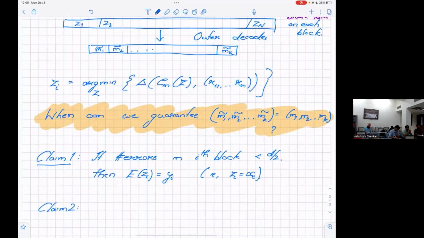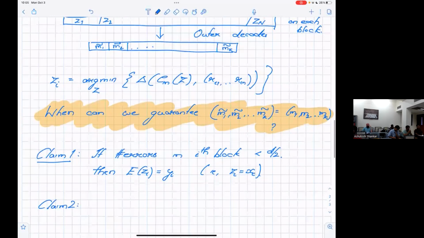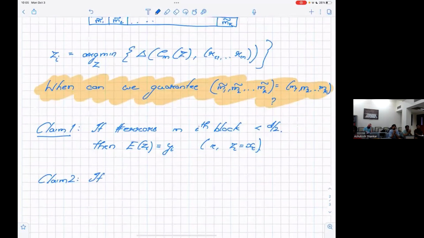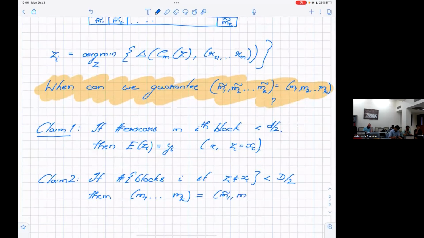Claim 1 states when the inner decoder works. Now I want to ask, when does the outer decoder work? If the number of blocks i such that Zi is not equal to Xi is less than D by 2, then you are within the unique decoding radius of the outer code, and you will certainly have that M1, M2, ..., Mk will be equal to M1 tilde, M2 tilde, all the way up to Mk tilde.